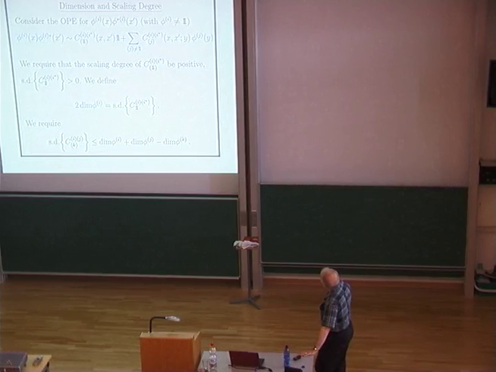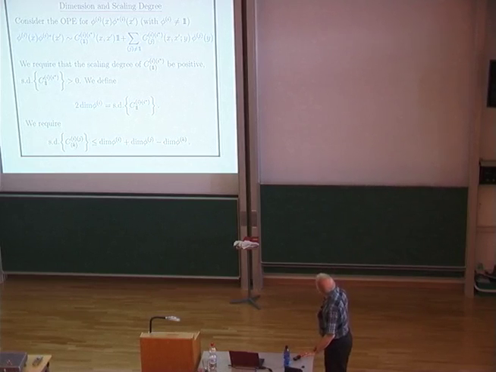So if we consider the operator product expansion of a field and its adjoint, well, if we single out the identity element in that expansion, we demand that the scaling degree of the coefficient of the identity be positive. In other words, this be singular. We use the scaling degree of the coefficient of the identity to define the dimension.